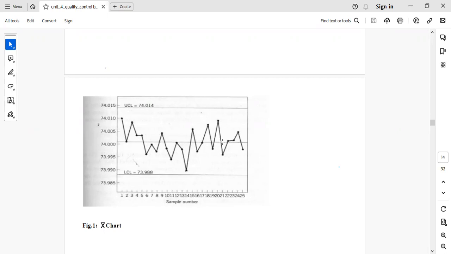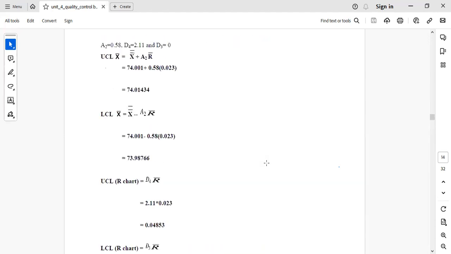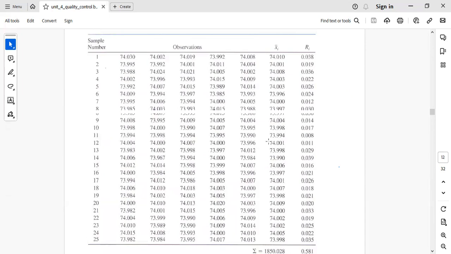The center line, which is basically the mean of the means that you've gotten. Now, here, what you have on the y-axis are actually the sample means. All these, they're actually the sample means, the ones that you have calculated on this side here.